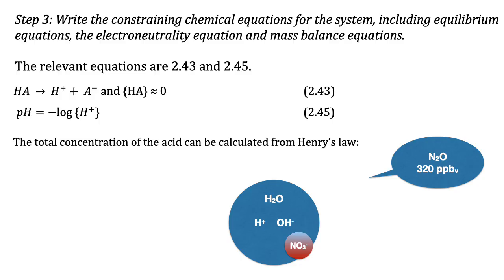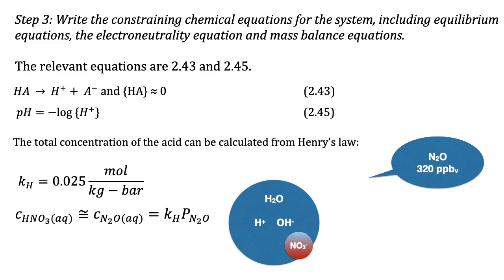We can calculate the total concentration of acid in a raindrop from Henry's law. We can look up the Henry's law value for the nitrogen oxide and find that it is about 0.025 moles per kilogram, a kilogram, recall, having the same weight as a liter, so we're going to have 0.025 mole per liter per bar.